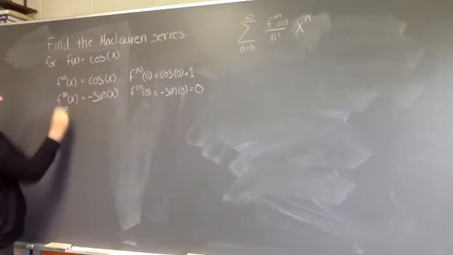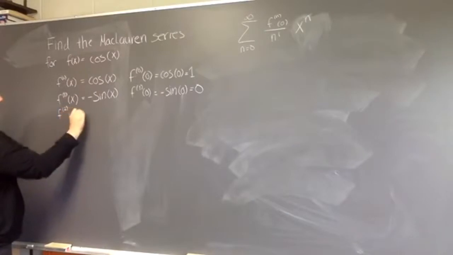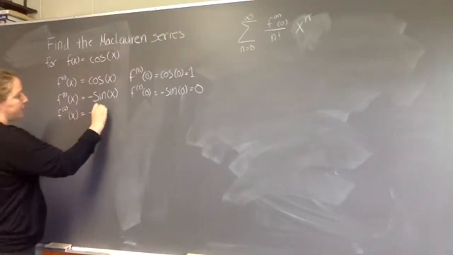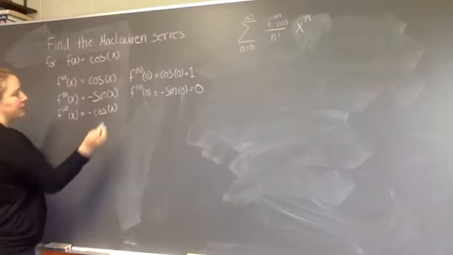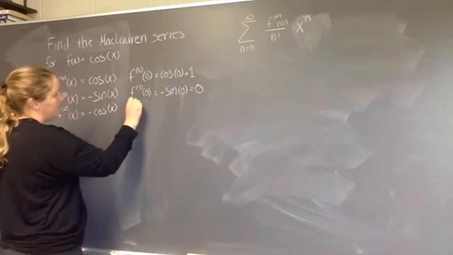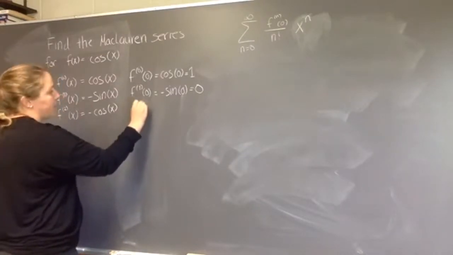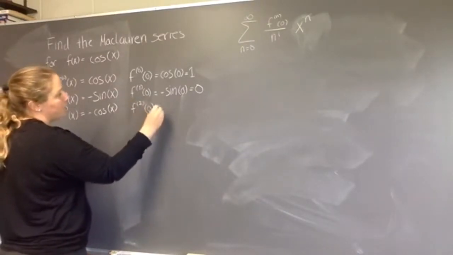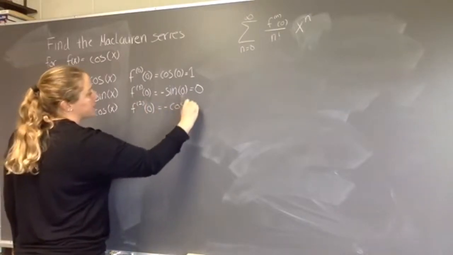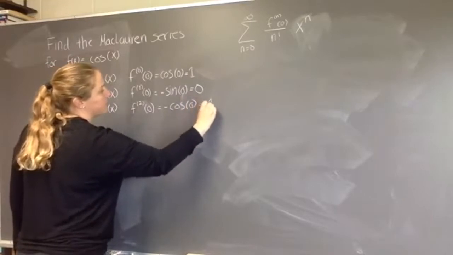The second derivative is, well, the derivative of sine is cosine, but we have this negative hanging out in front, so negative cosine of x. And then if we evaluate this derivative at 0, we're going to get negative cosine of 0, which is negative 1.